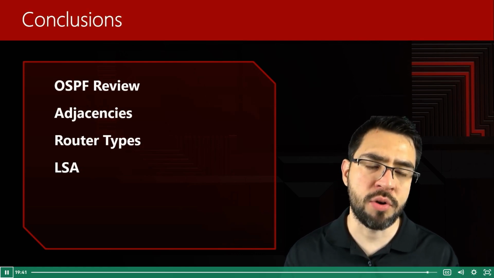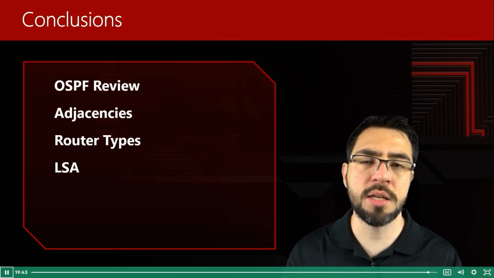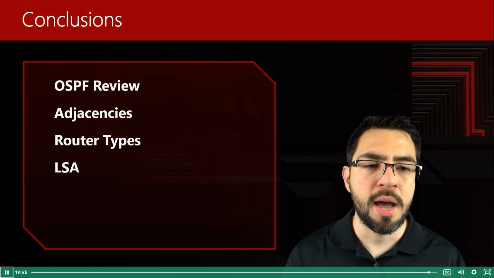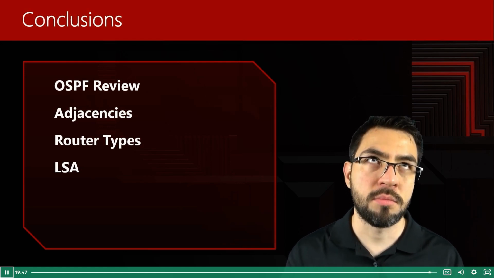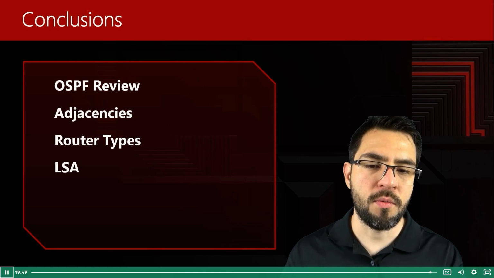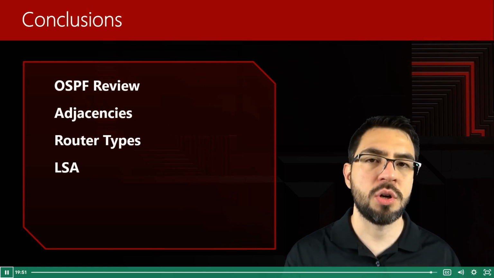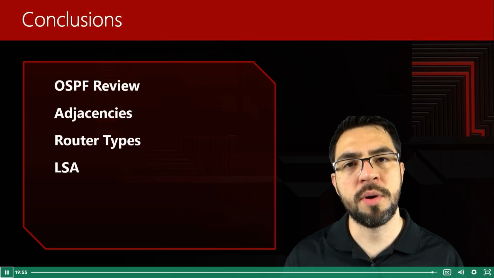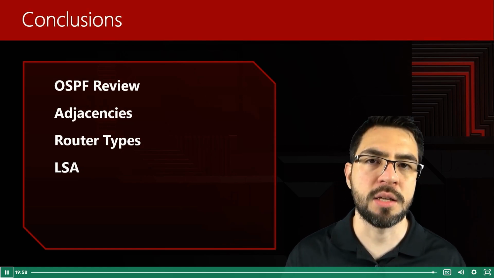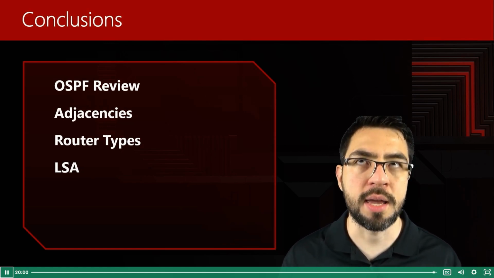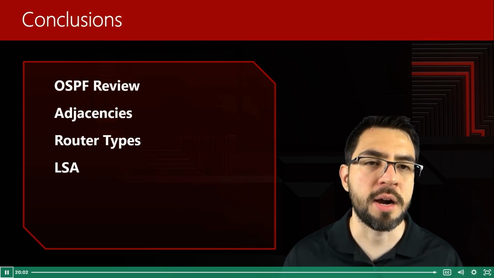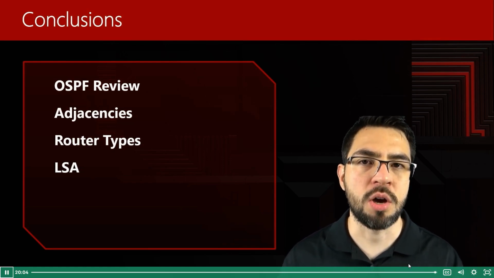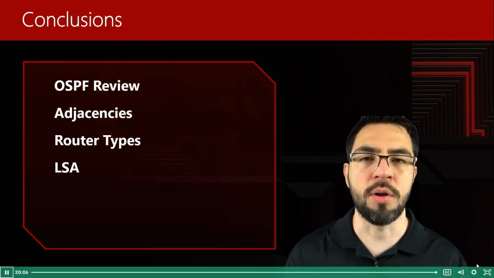The type 3 and 4 summary LSAs are going to be created by the area border router when the communication goes from one area to another, versus the type 5 LSA, which is going to be pushed by an ASBR when that information is coming from a different routing protocol.